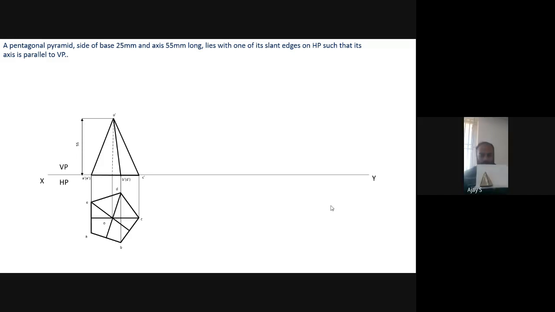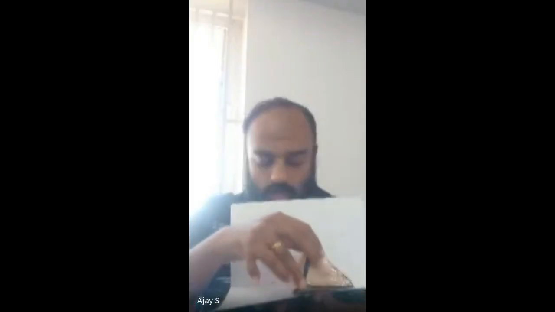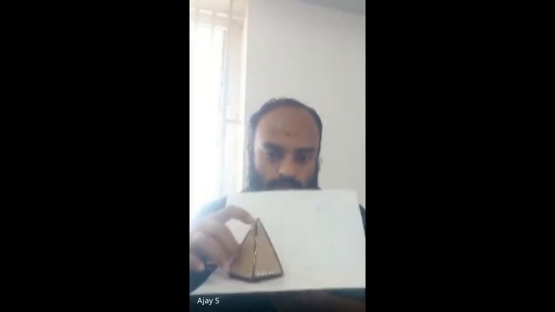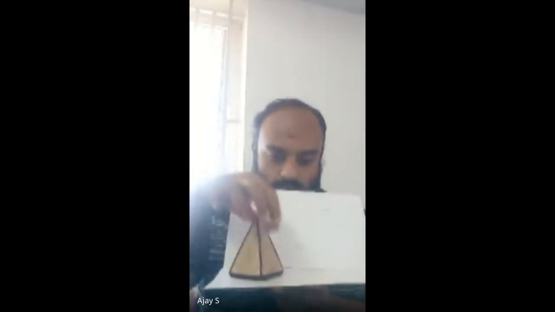Now they have told that this edge, whatever it is in front view, will just lie down like this. Correct? This edge, whatever it is, will lie down like this.